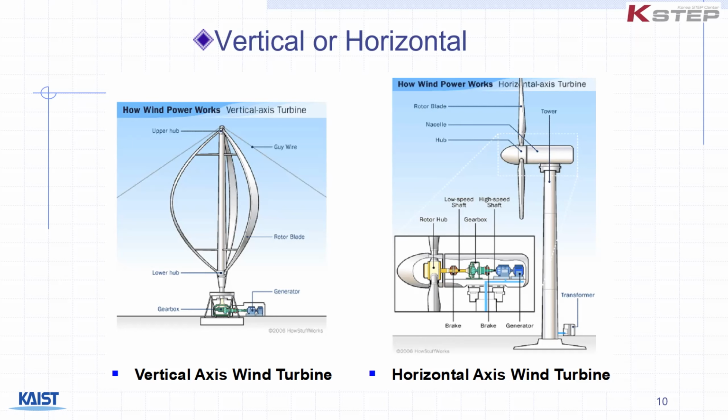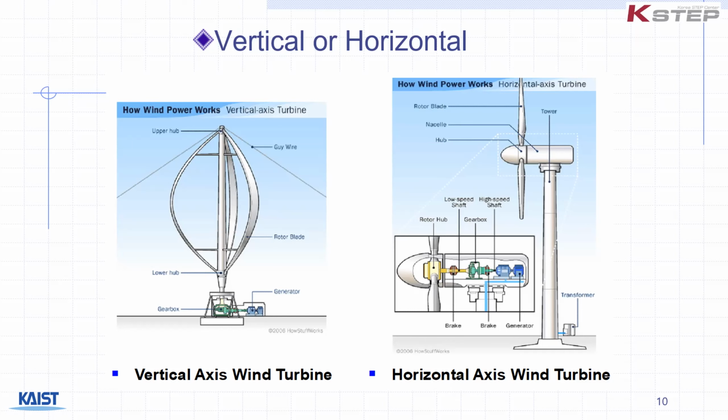by the bottom of the gearbox there, the lower hub there, and the rotational axis is vertical, so it's easier to design the structural part of this type, even though the efficiency of generating electricity is a little bit lower in the vertical axis type.